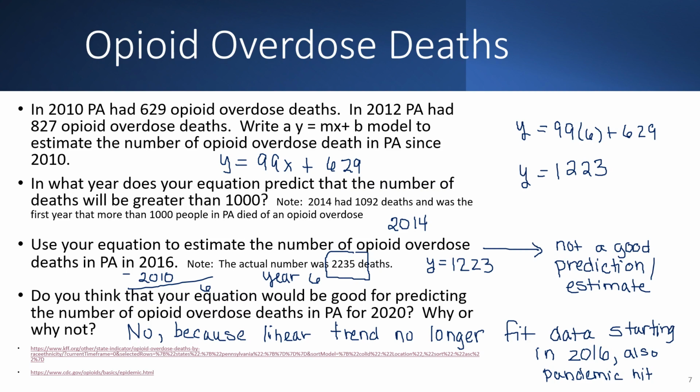Our equation y equals 99x plus 629 would have been great up until fentanyl hit the market. Then that changed the parameters and the number of opioid overdose deaths. We could have used an exponential curve to start capturing the data, but again, it changed once the pandemic hit because that was an outside influence.